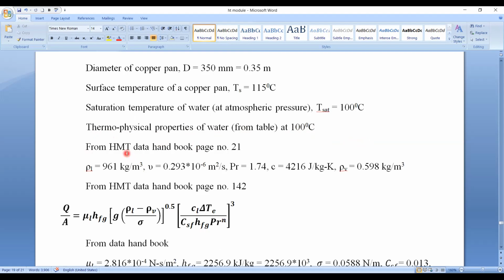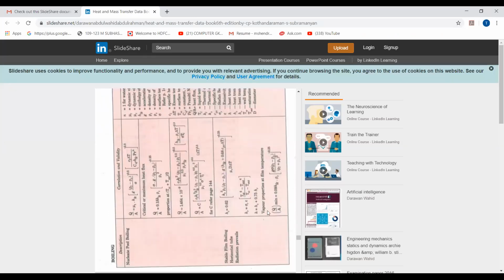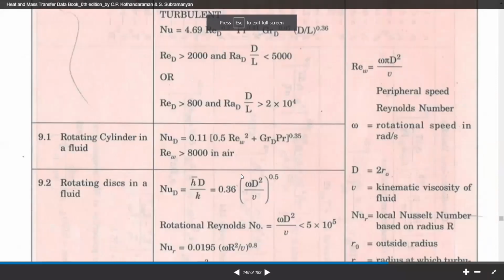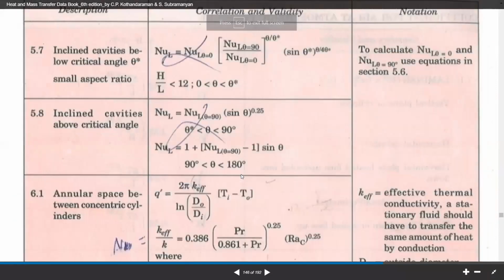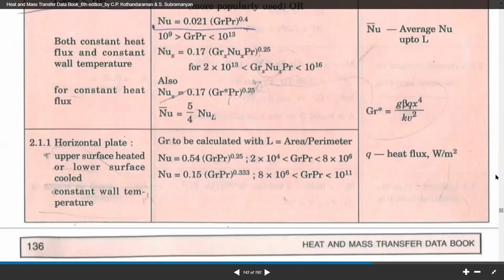For that we have to use the data handbook, page number 21. From page number 21 we can extract this data. Let me show you on the data handbook. So this is the data handbook.